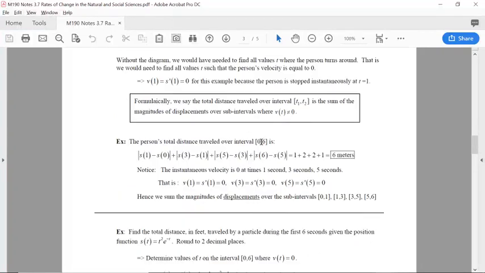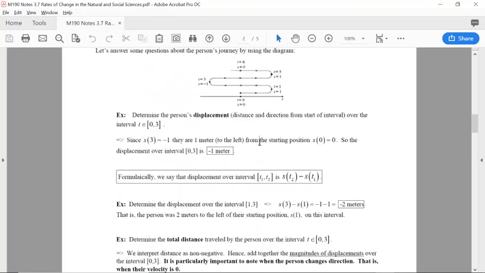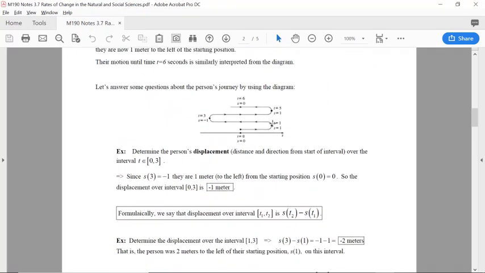And we want to subdivide that interval from 0 to 6 into sub-intervals associated with when the person is not standing still. So we found that the individual from the schematic was standing still when t is equal to 1, t is equal to 3, and t is equal to 5.